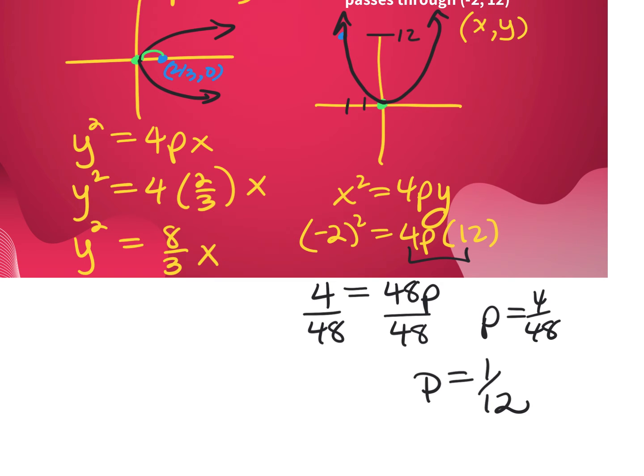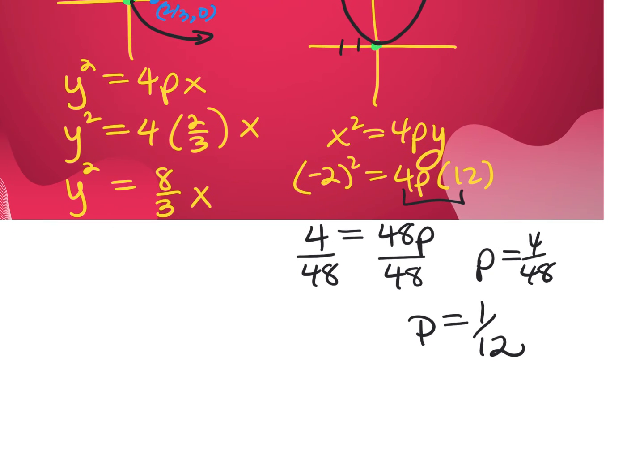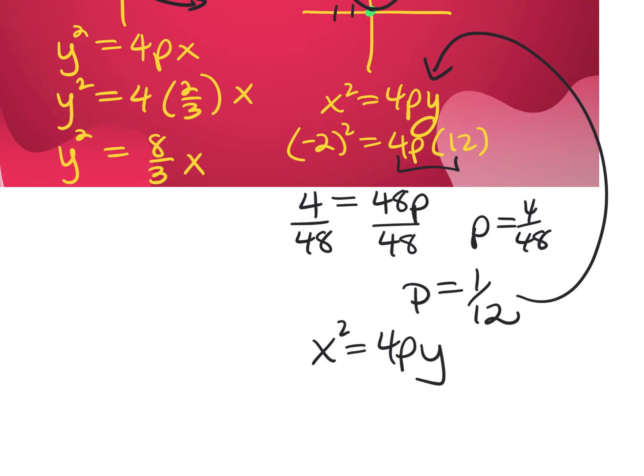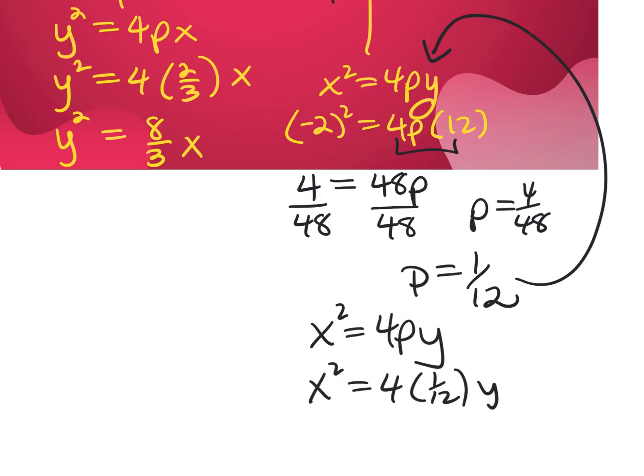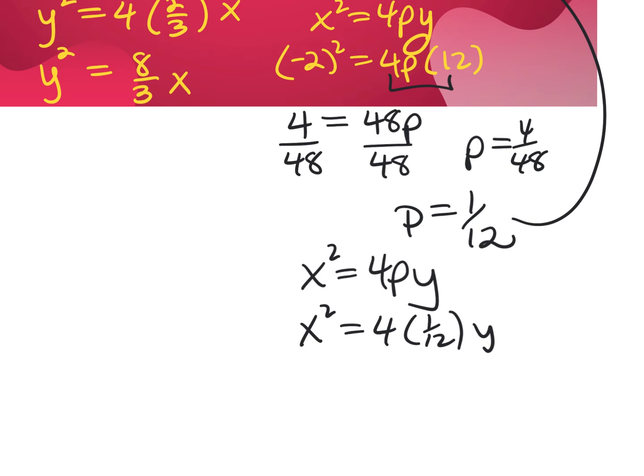I now take that p-value and I plug it back in. So I'm going to plug it back in to the x squared equals 4py. So x squared, 4 times 1/12. I'm going to multiply that. I could actually simplify. And then this becomes x squared equals 1/3 y.